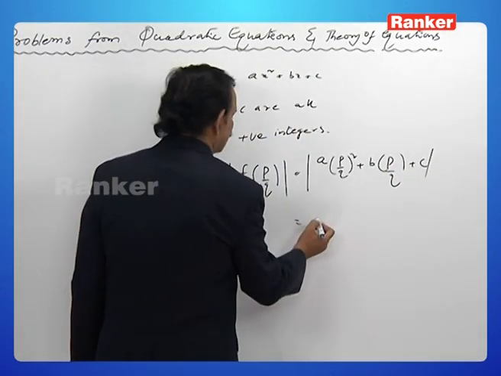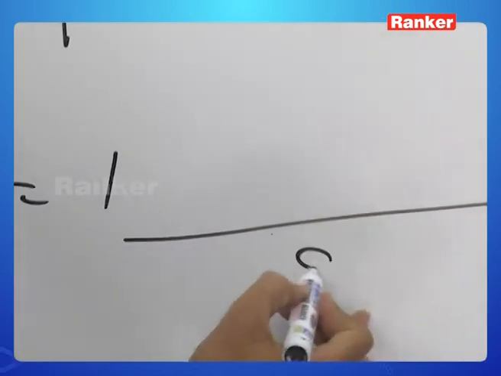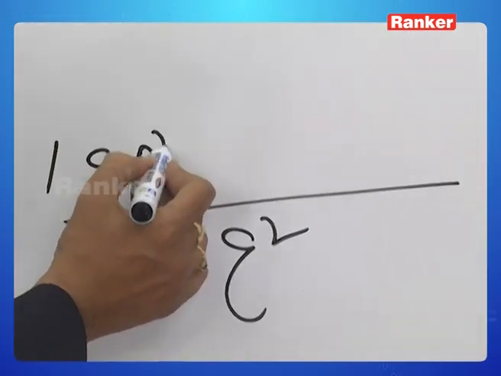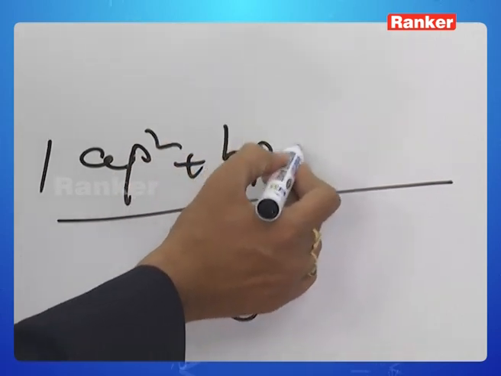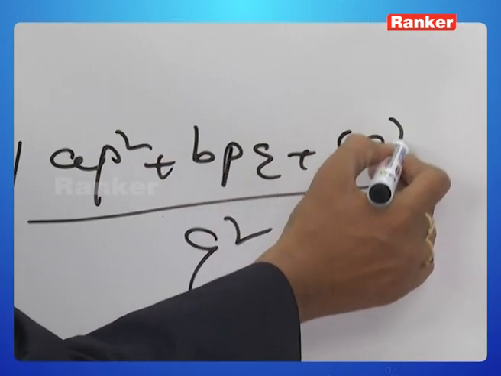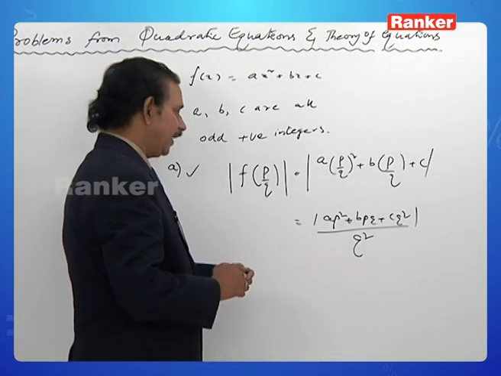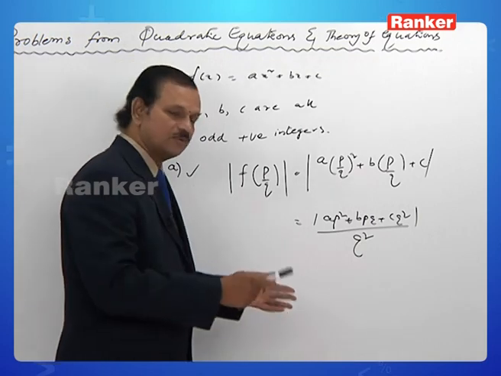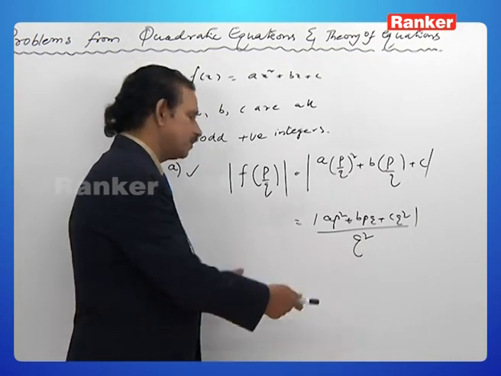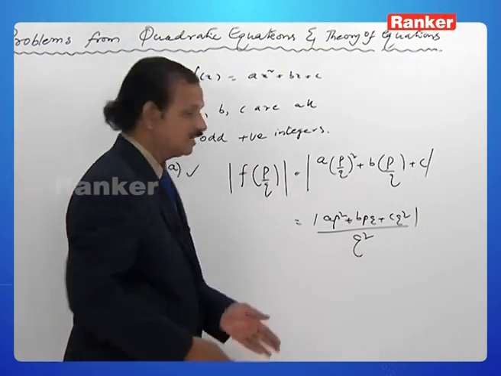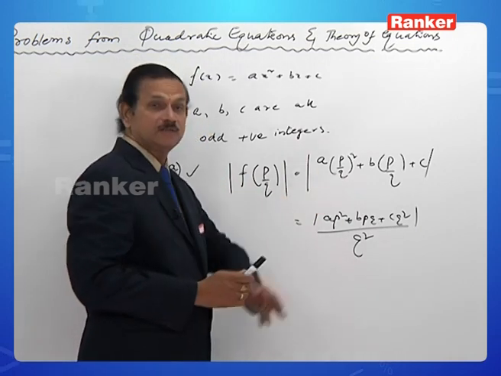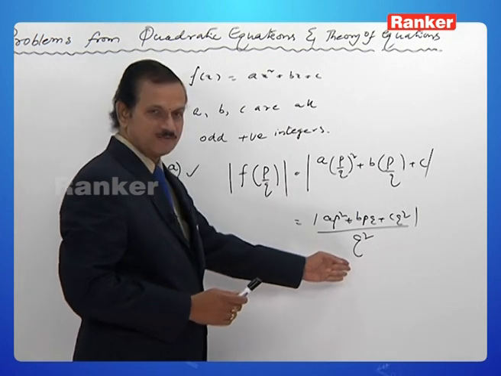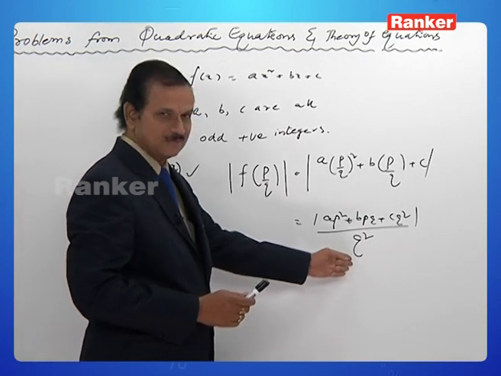This is equal to modulus of, of course you can take q square as LCM, ap square plus bpq plus cq square. You see, a, b, c are odd positive integers, p, q are integers, so p square, pq, q square are all integers, and we are considering the absolute value in the numerator. Of course, mod q square is q square. That is why we have not taken absolute value symbol here.